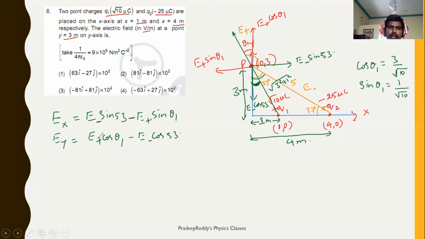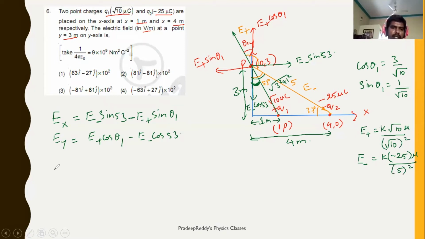Now substituting those values over here, E plus and E minus values also. E plus will be equal to K into charge, because it is root 10, I am taking over there, and the separation is root 10, whole square. That is E plus. Electric field due to this negative charge over here, obviously the separation is 5. This will be K into minus 25 microcoulomb divided by separation 5, whole square.